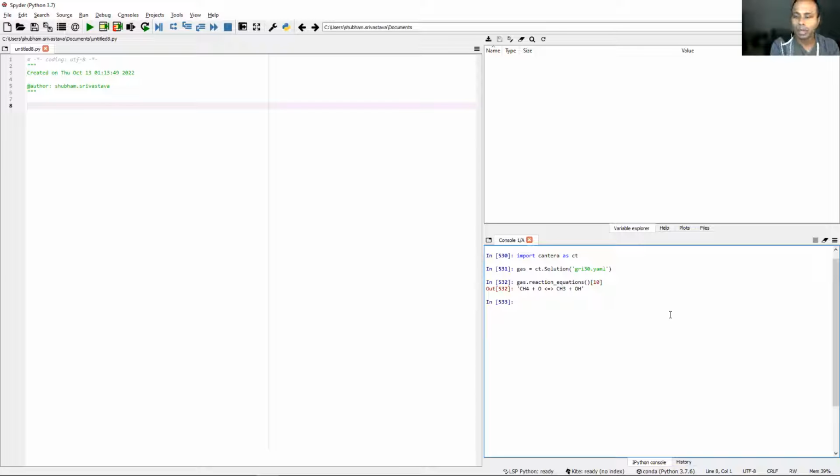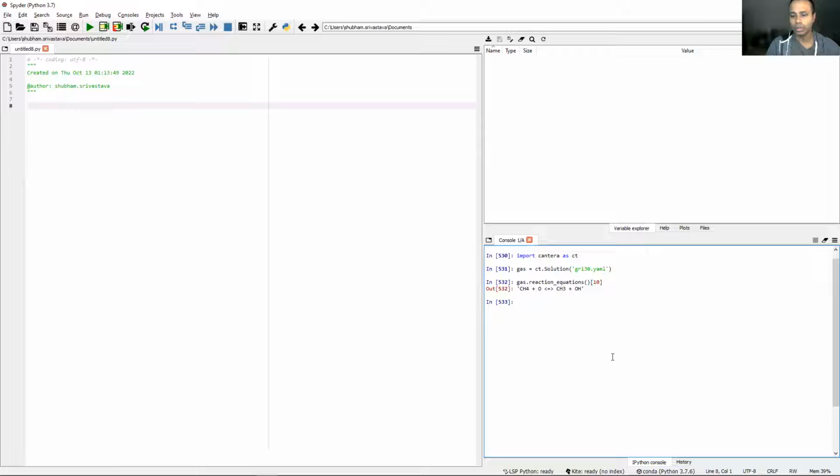And so let's now set up some composition for these four species to look at the use of these functions.